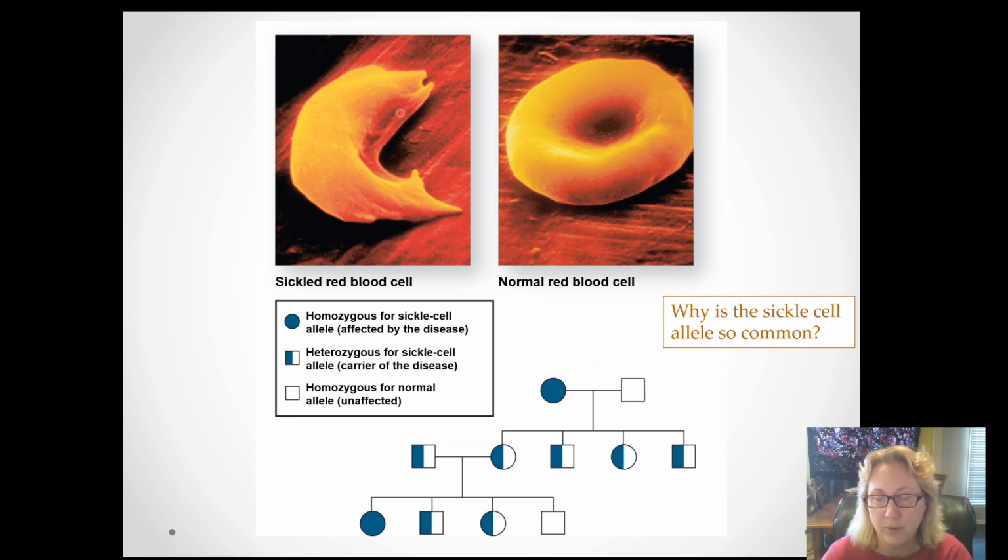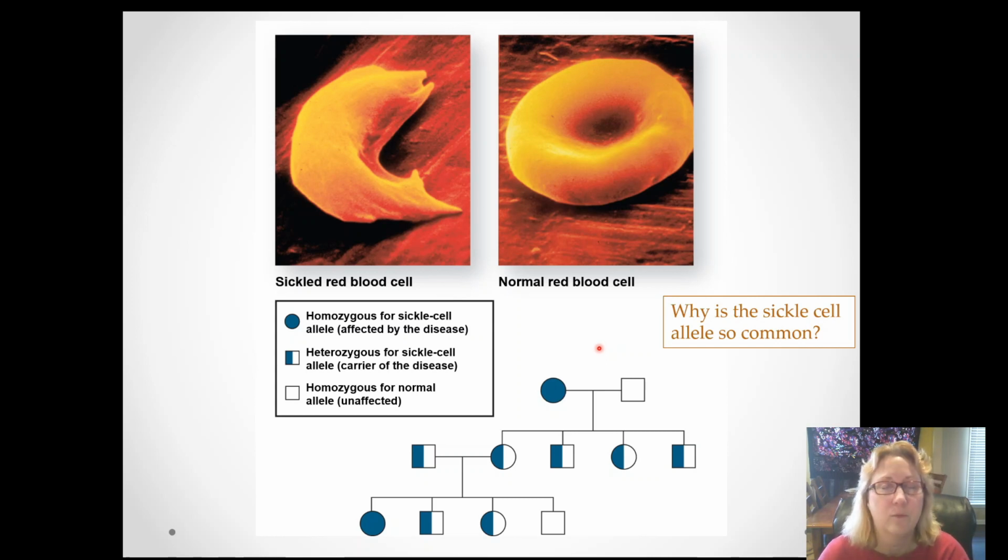They rupture prematurely, and that's what causes all of the problems for individuals who have this. So you get clotting, pain. It's an extremely unpleasant disorder to have, and without medical treatment, it is fatal in childhood.